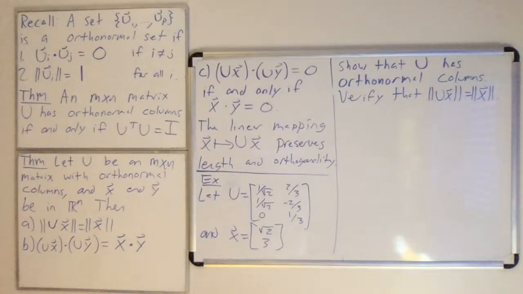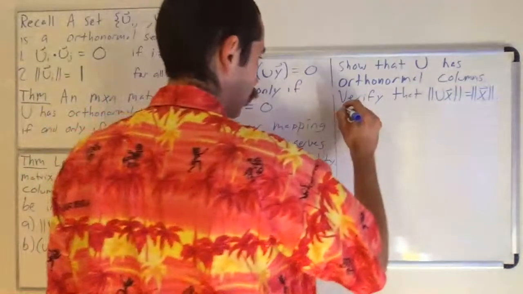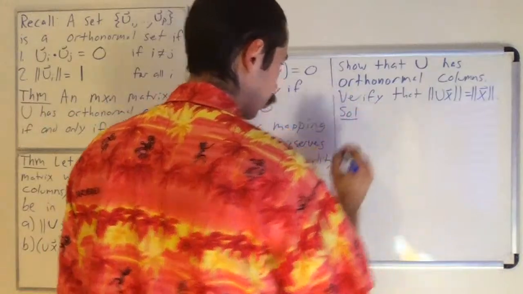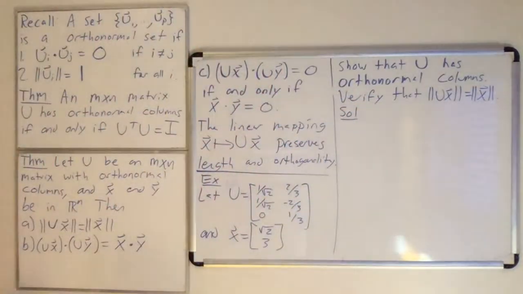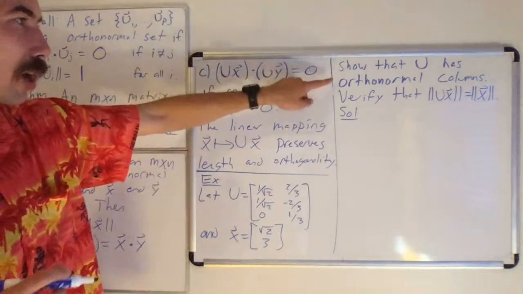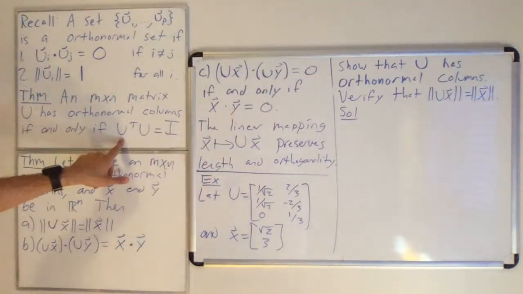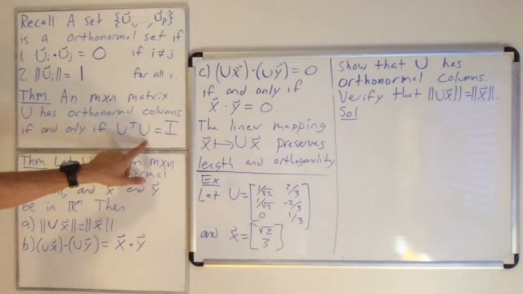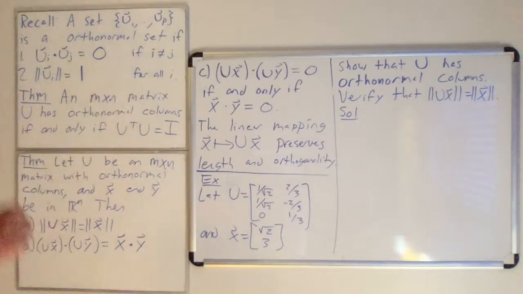Okay, well, I'll start working it out. So to show that U has orthonormal columns, let's do the matrix multiplication, U transpose times U, and see if we get the identity matrix.